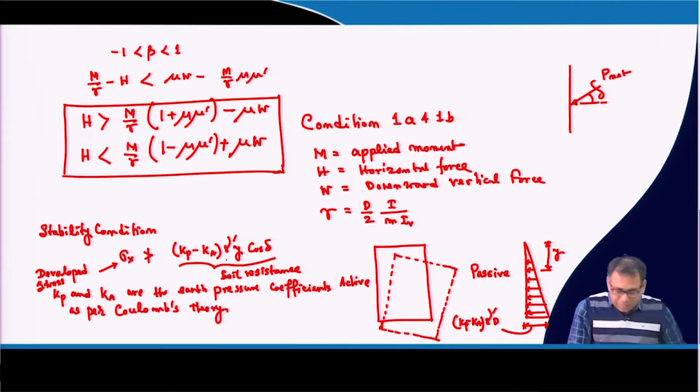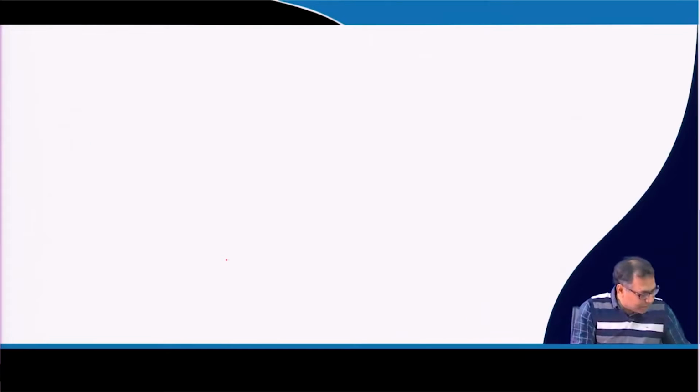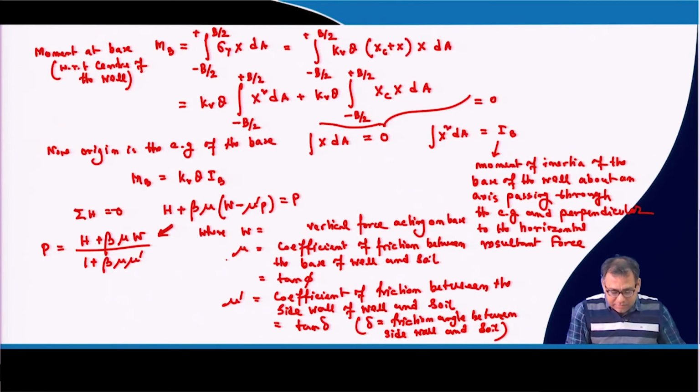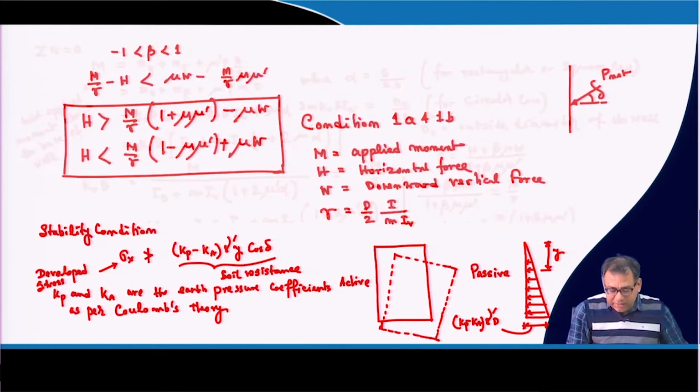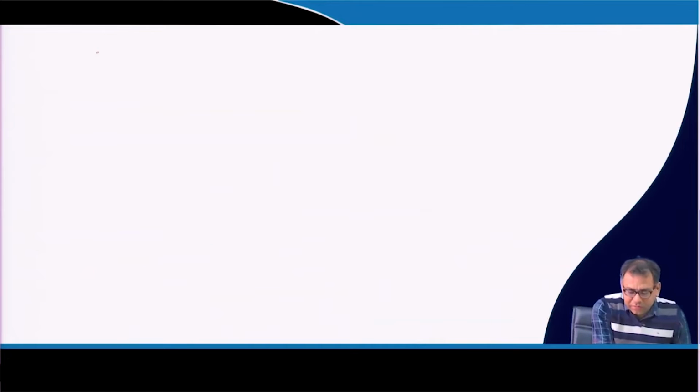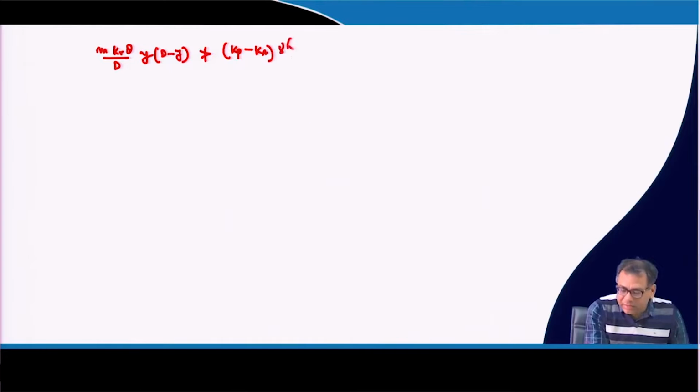Now, the sigma x value is given as m Kv theta by d minus y into y. If I write that sigma x value, it will be m Kv theta by d into y (d minus y), and that should not be greater than (Kp minus Ka) gamma dash y cos delta.